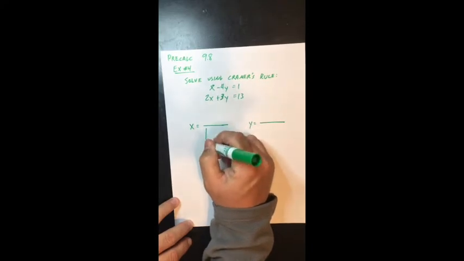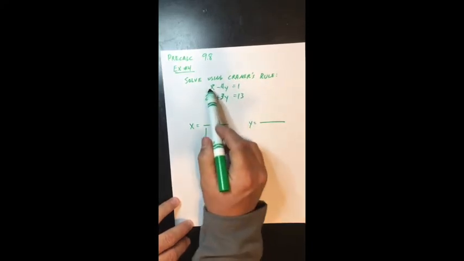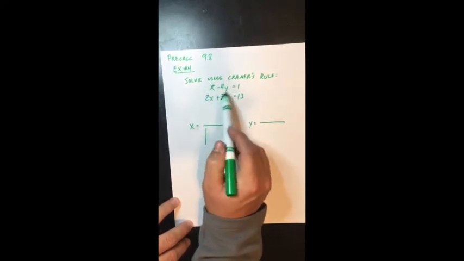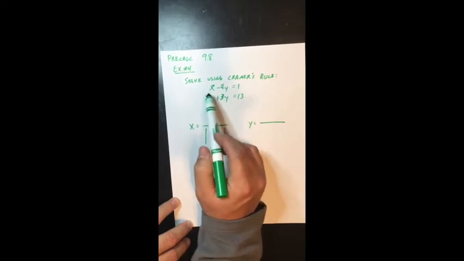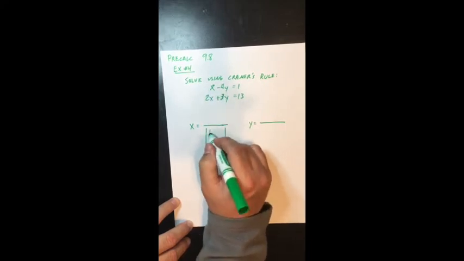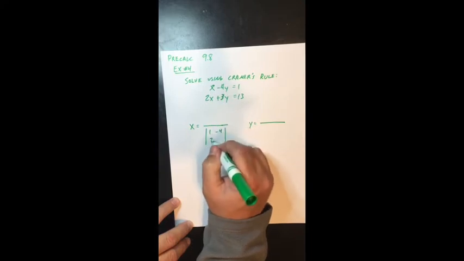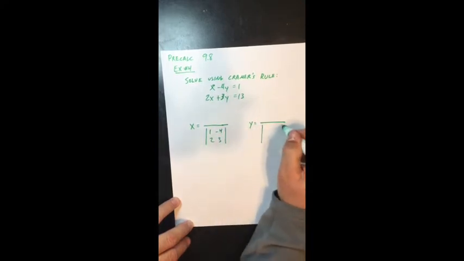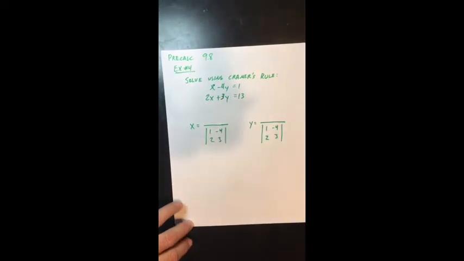So we're going to set up two fractions, one for x and one for y. In both of these, the bottoms are going to be the same. It's just going to be the coefficient matrix for the left-hand side of these equations. So 1, -4, 2, 3. Same thing over here, 1, -4, 2, 3. Now the top determinants will be different for x and y.